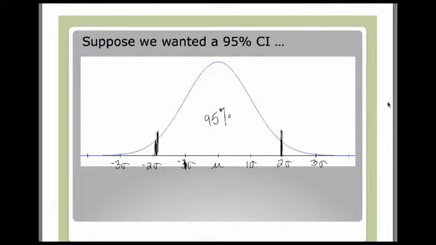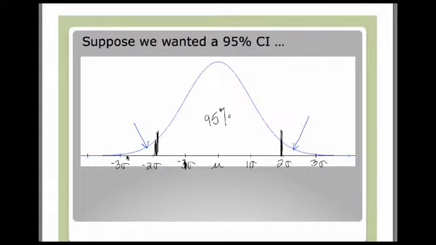As we've talked about before, if there's 95% in the middle, that leaves 5% for the tails, meaning this tail and this tail. The 5% is split between the two, so that leaves 2.5% each.